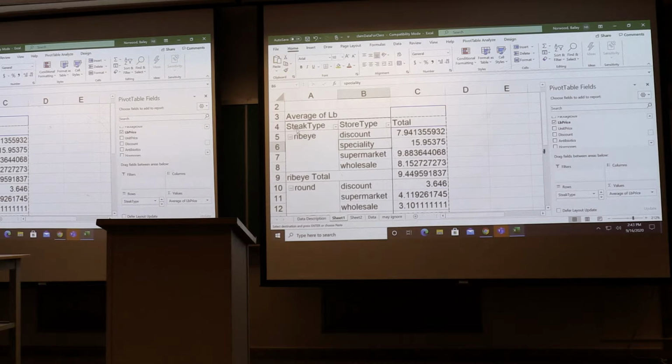Notice how steak type is in column A and steak store type is in column B. Suppose I change that by changing the order of the rows here.